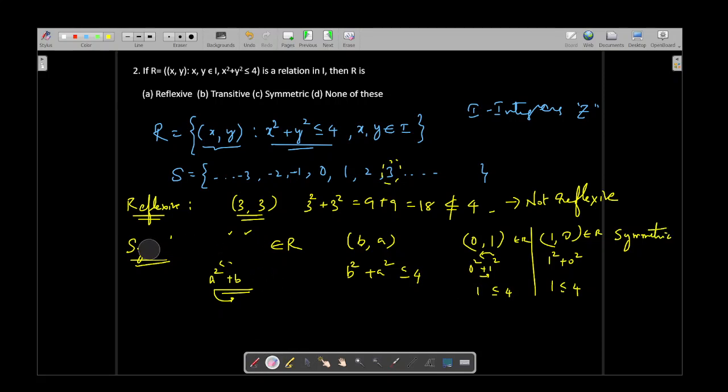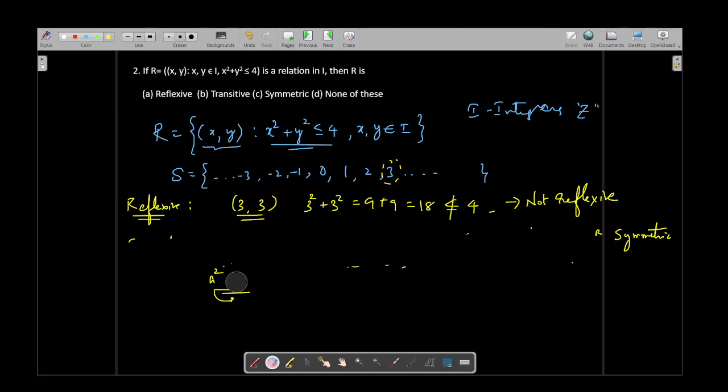Now let's check for transitivity. Usually these types of functions are not transitive, so we can take one counter example.